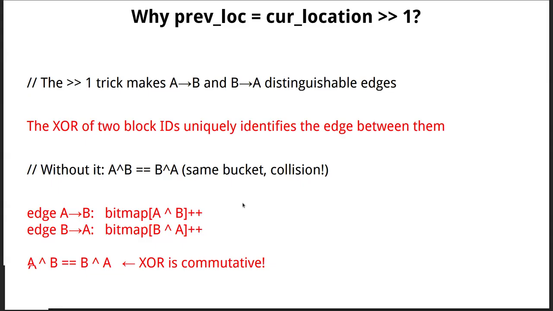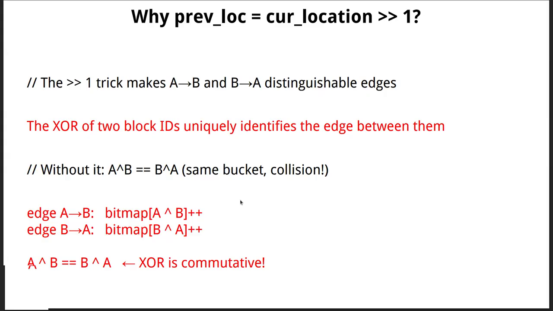But they are actually two different edges. A to B and B to A are two different edges. So the trick AFL does is to shift the previous block's ID right by one bit, then do an exclusive OR with the current ID. Does that make sense?